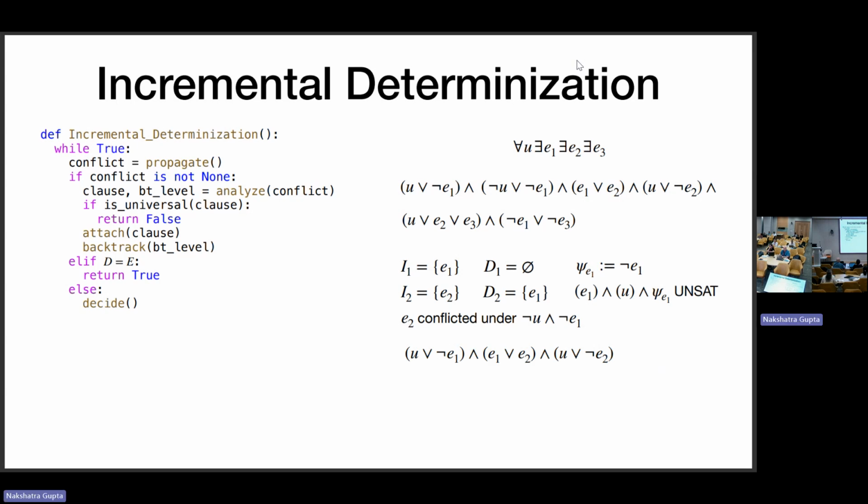And so we can perform conflict analysis, starting from these two clauses, resolve them to get U or E1, resolve that with this clause here, and now we've derived a purely universal clause and can therefore conclude that this QBF is unsatisfiable. Okay, or the 2QBF in this case is false.